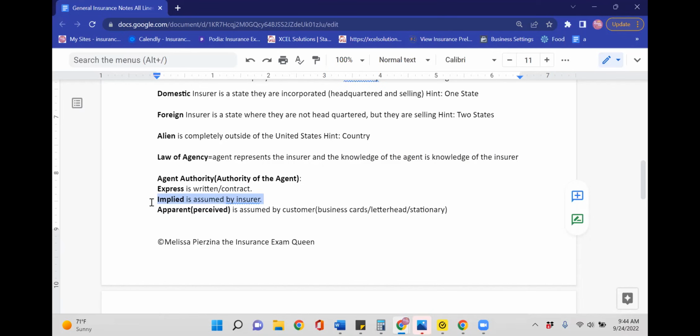You just need to remember that implied is assumed by the insurer. It could be something as simple as this: your contract may say you are allowed to collect premium from your customers, meaning anybody that you sold insurance to. But what if your coworker's customer comes in to make a payment while your coworker is out of town on vacation?